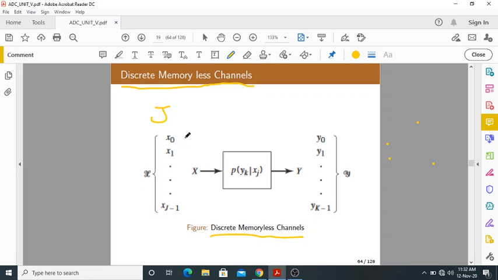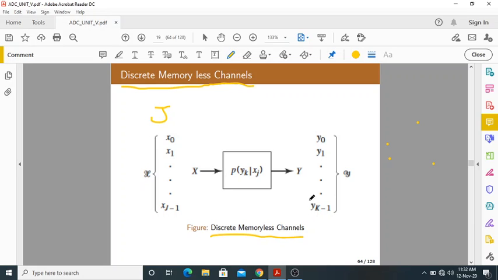How many? Capital J symbols. What are they? X0, X1, so on, X capital J minus 1. So the input alphabet capital X has these elements. How many symbols are there at the input side?